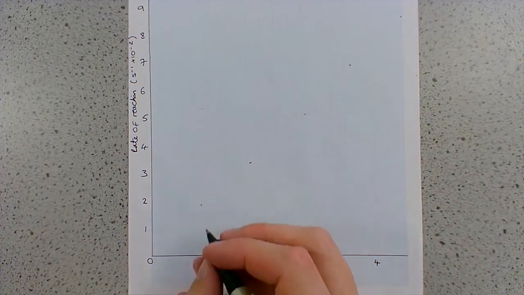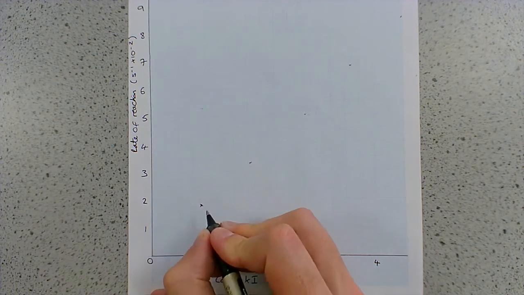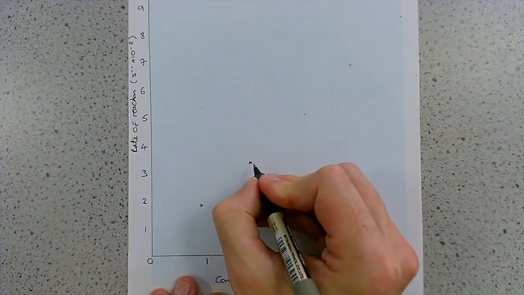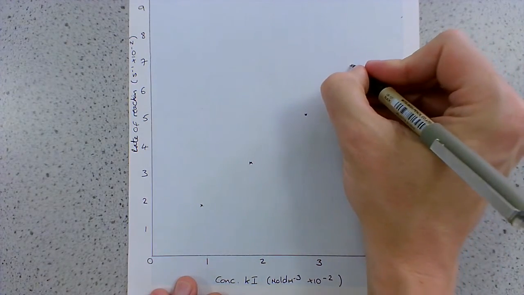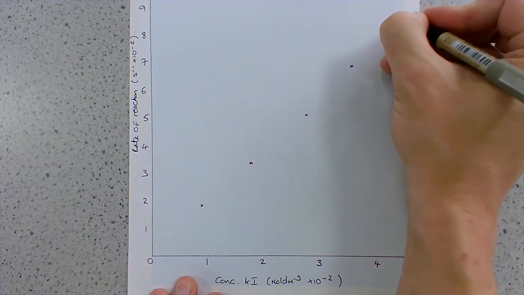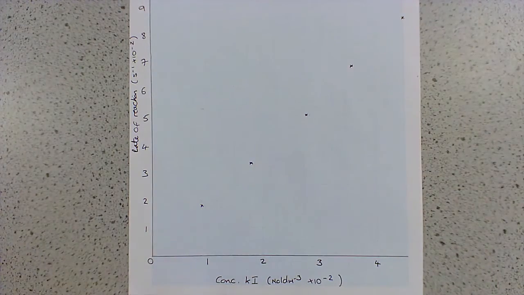So, got a plot there, plot here, plot here. And straight away, what we should be seeing is that this is a nice linear relationship.